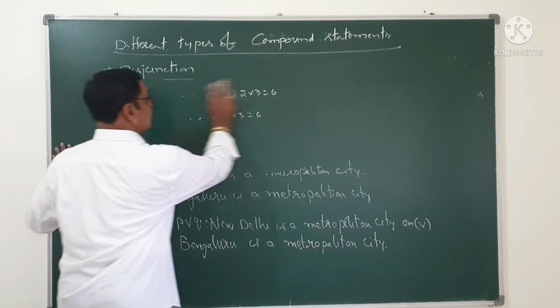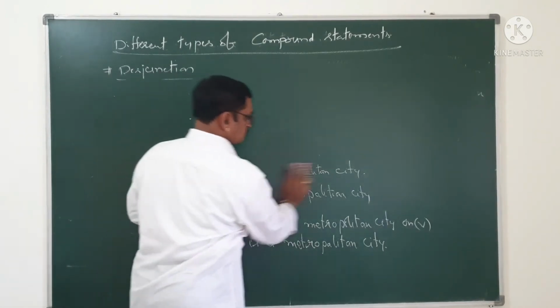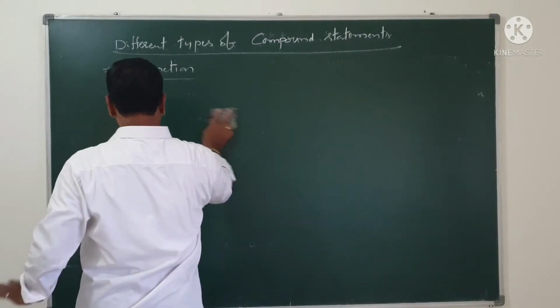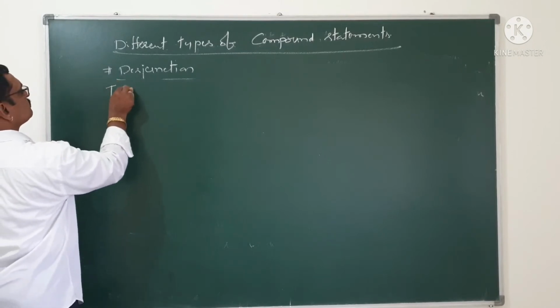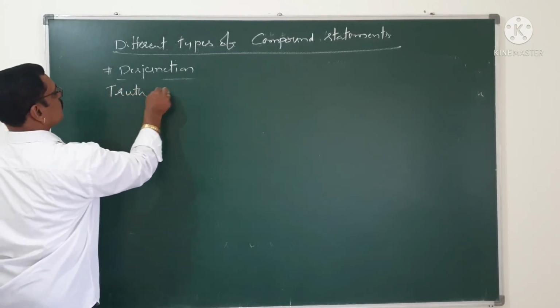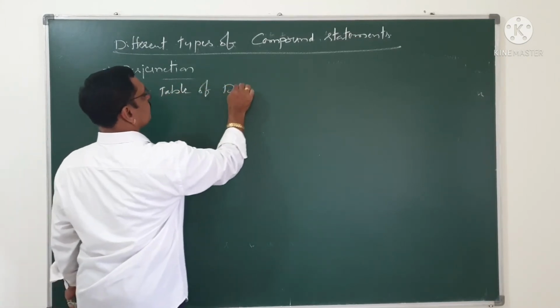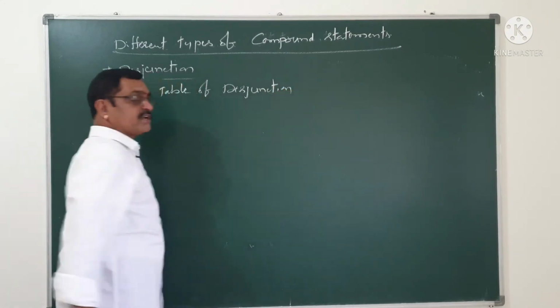So the next concept is the truth table of disjunction.